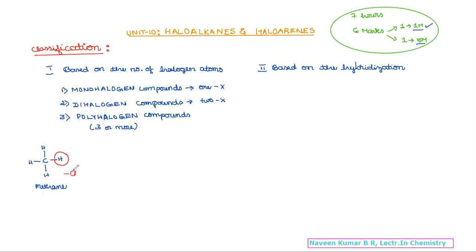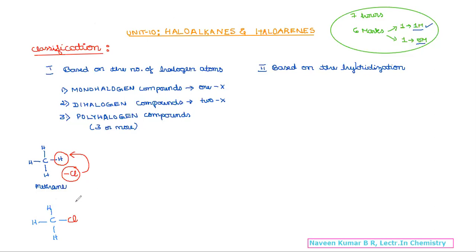We'll take the example of chlorine. One halogen atom is substituting the position of a hydrogen of methane, that is Cl.